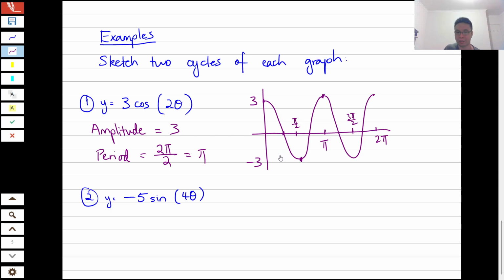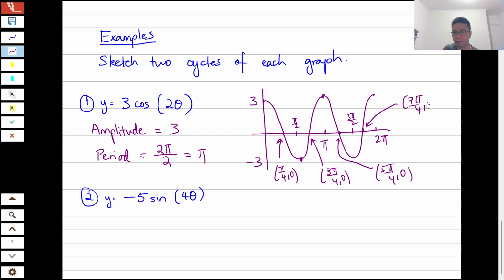So this first x-intercept is going to be pi on 4. This one is going to be 3 pi on 4. This one's going to be 5 pi on 4. And this last one is going to be 7 pi on 4.